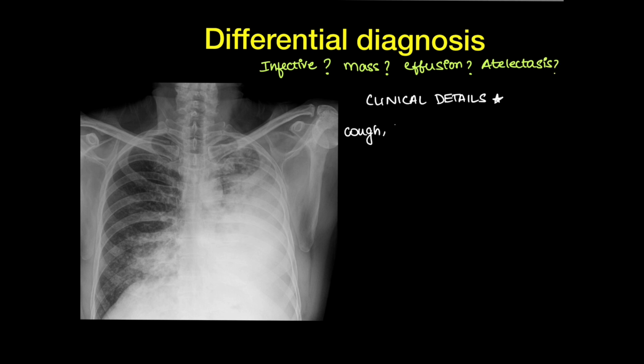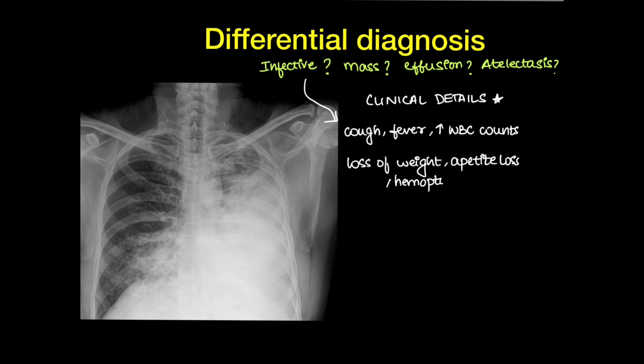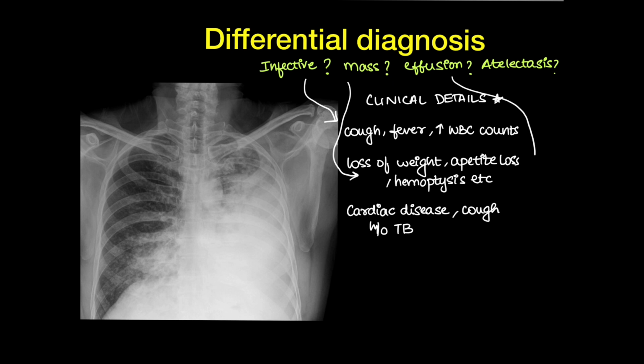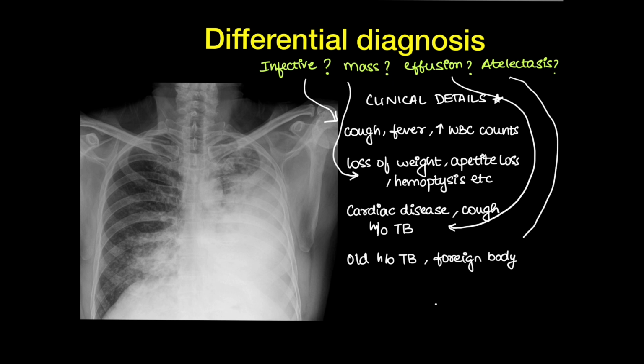If the patient has something like cough, fever, increased counts, then you can look for infective causes. If there is associated loss of weight, appetite loss or hemoptysis, then consider mass or neoplasm as a possibility. If the patient is a known case of cardiac disease with cough and history of TB, look for effusion. If old history of TB is present and if foreign body history is there, look for atelectasis.